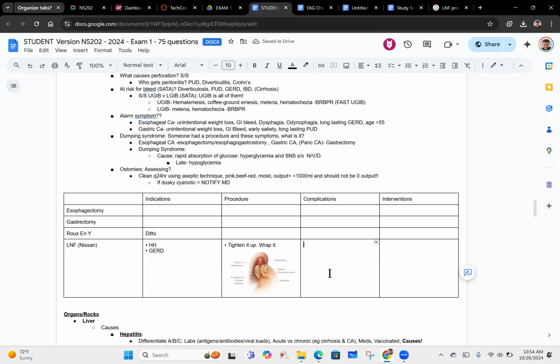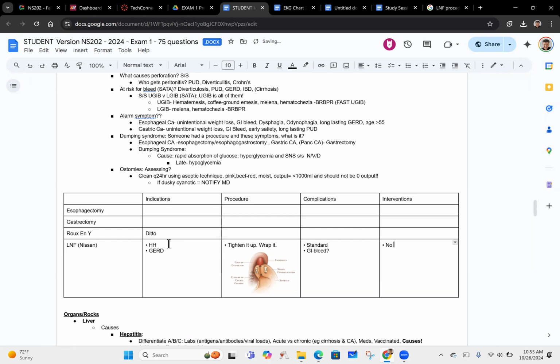Okay, and then complications, right? So complications are what? It's really just standard, right? They could have bleeding, right? You're gonna watch out for GI bleed. That could mean that the sutures didn't stick or they punctured a vessel or something, right? So that could be GI bleed as a complication, but for interventions, there are specific interventions we're gonna do for these, right?